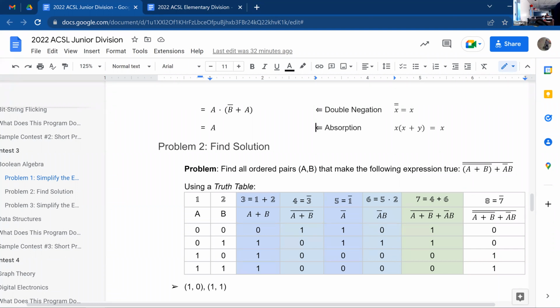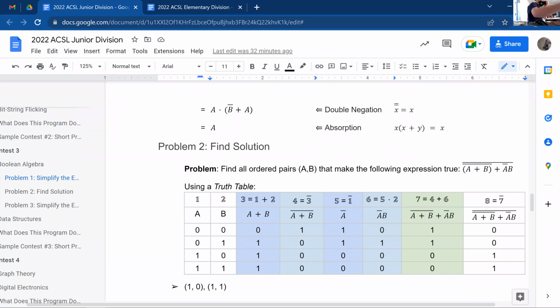Those are the values that you give to A. If you give A a 0 and B a 0, this whole thing is 0. If you give A a 0 and B a 1, this is 0. That's how you evaluate this expression.